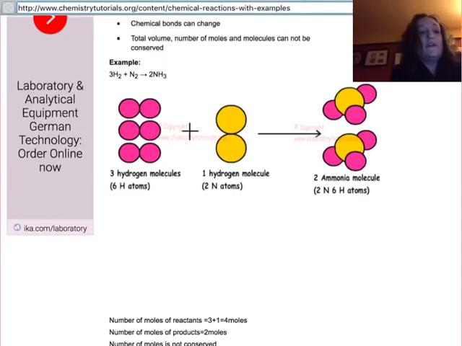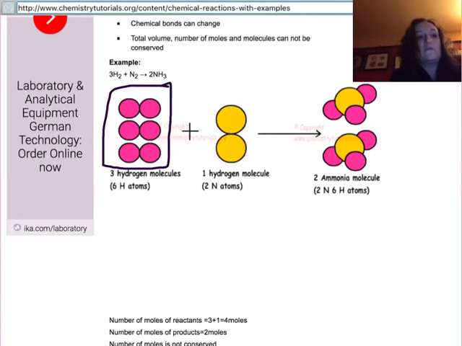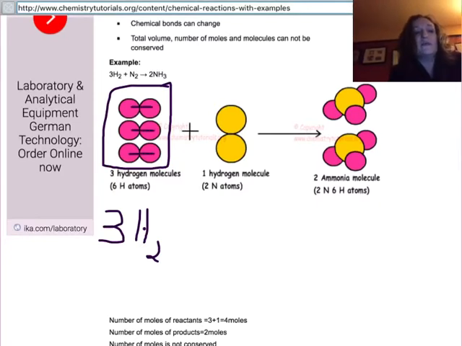All right, so over here I have 6 hydrogen atoms. But if I were to write this out, this would be 3H2 because they're connected. It's kind of hard to tell that, but there's 3H2 plus, and this is actually wrong.